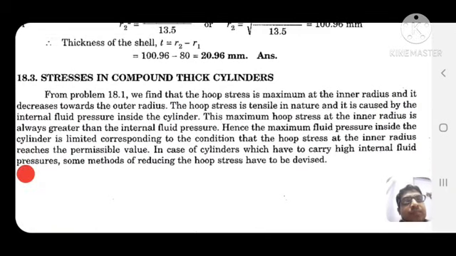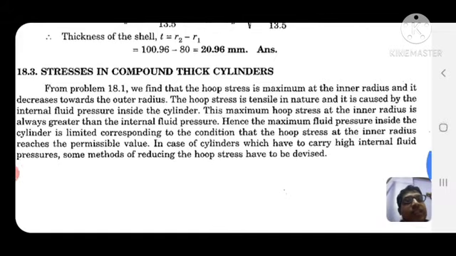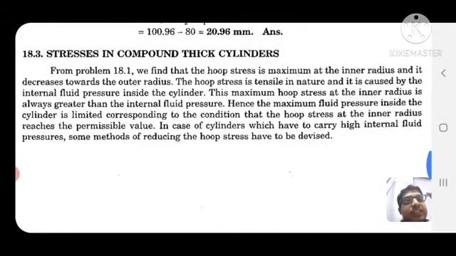Okay. Now stresses in a compound thick cylinder. We find that hoop stress is maximum at the inner radius and it decreases towards the outer radius. The hoop stress is tensile in nature and it is caused by the internal fluid pressure inside the cylinder.